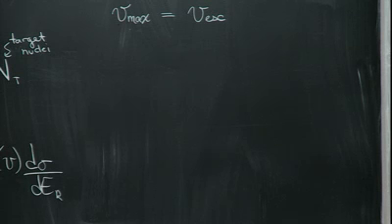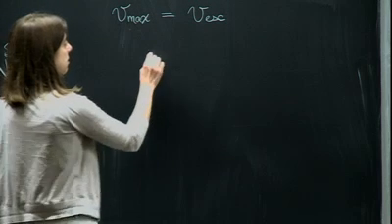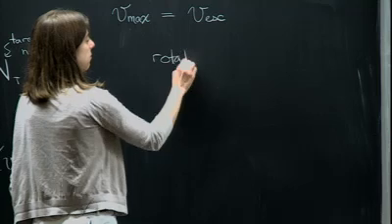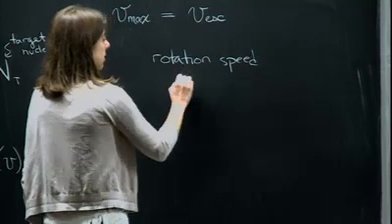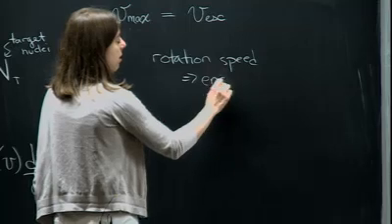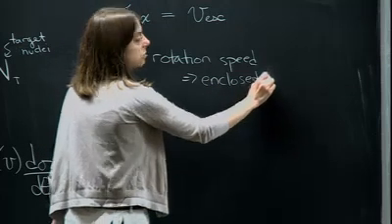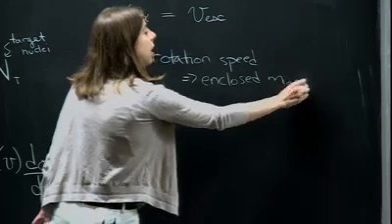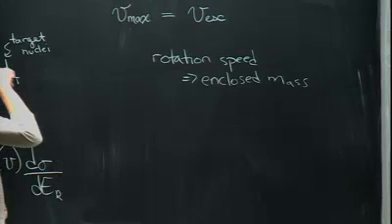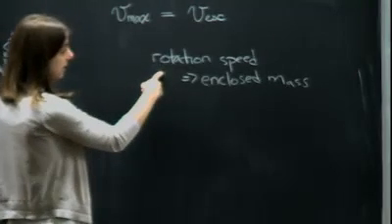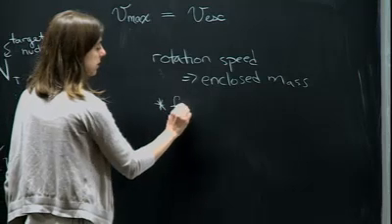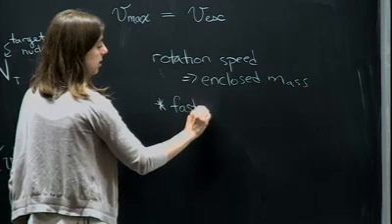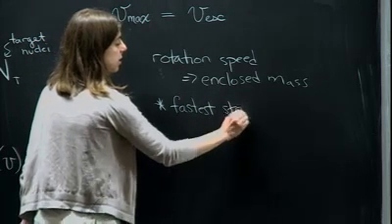Yeah, so this will be related to the rotation speed, because then that'll give us some estimate on the enclosed mass that's there. And then we can also verify anything that we determine from this by looking for the fastest stars in the Milky Way.